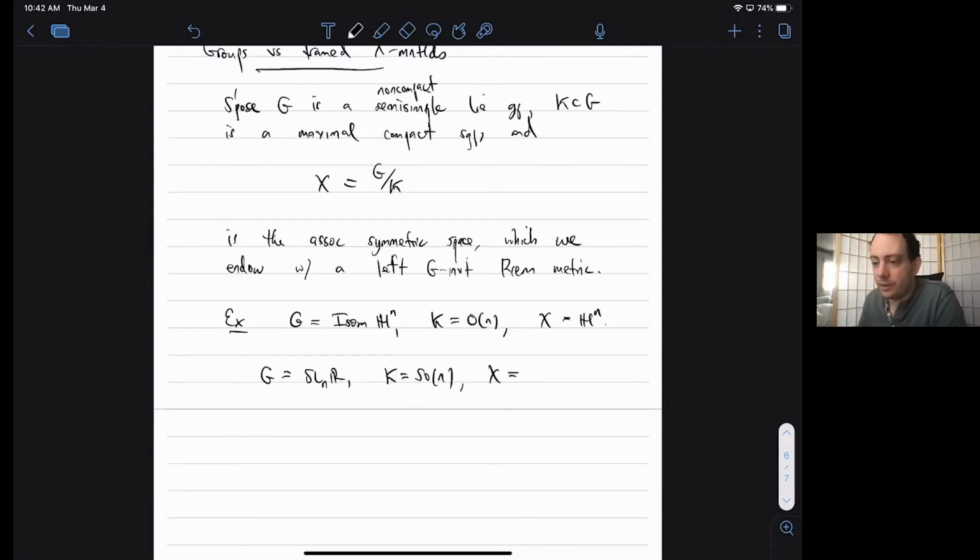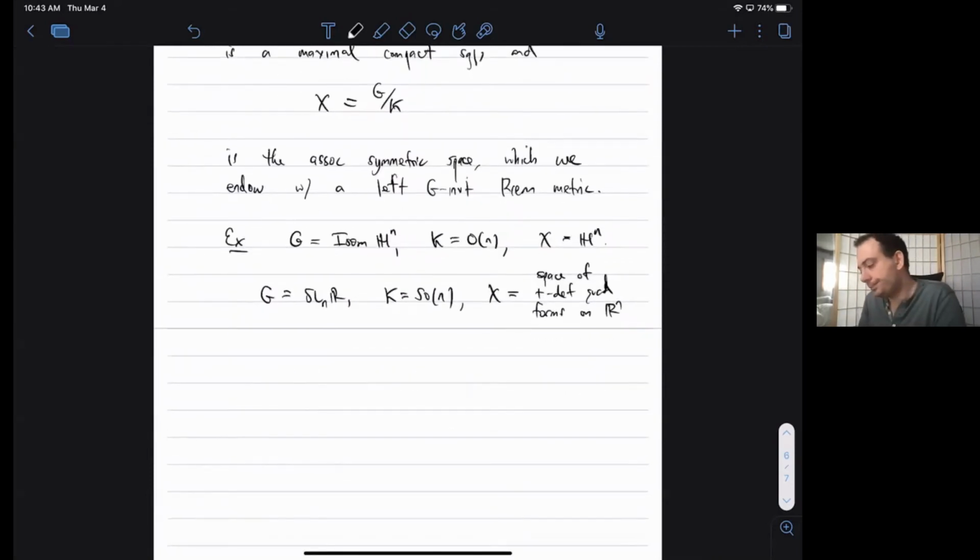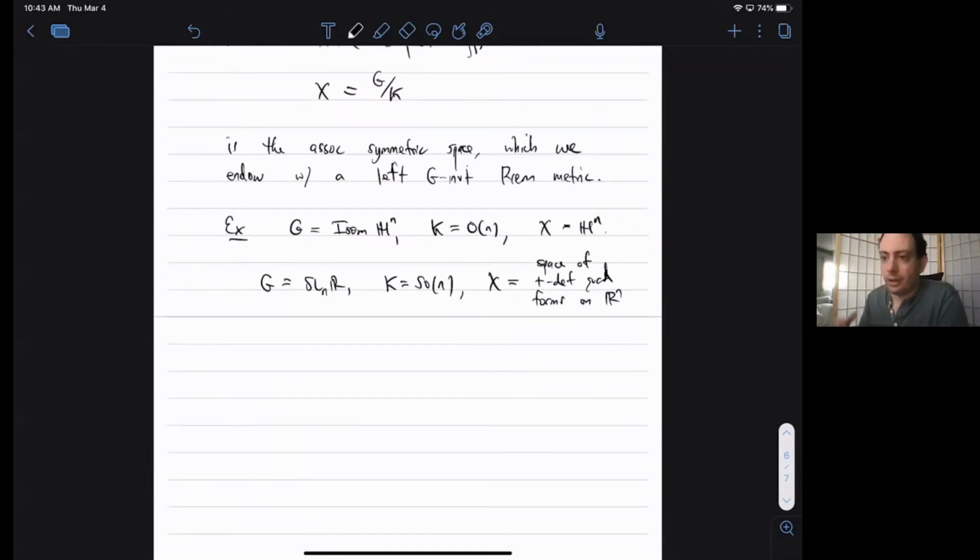You can think of it in different ways. One way is as the space of positive definite quadratic forms on Rn. But it won't really matter for you to have a geometric interpretation of that X in these talks.